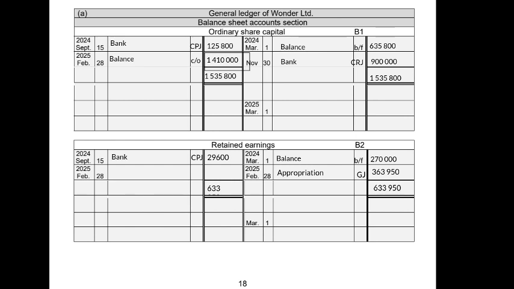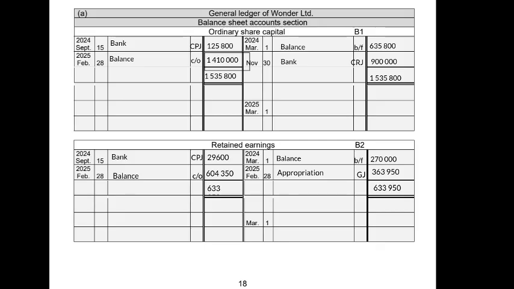So we'll write balance carry over and our balancing figure will be 604,350.